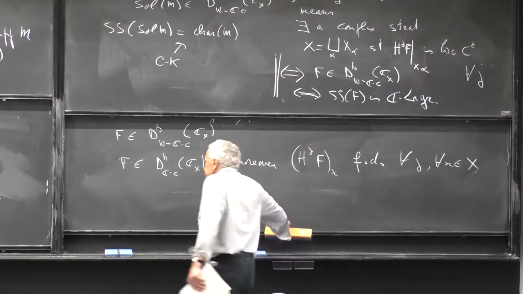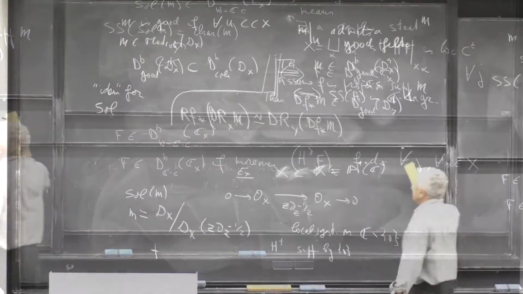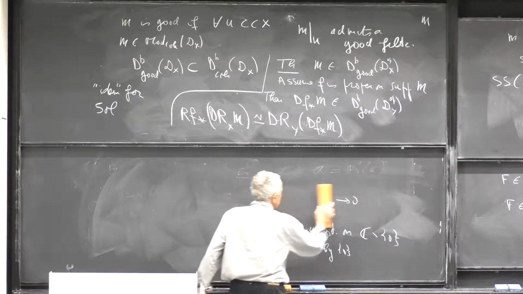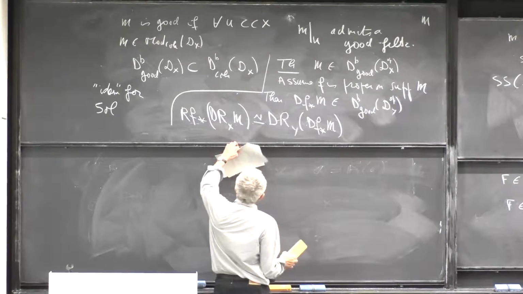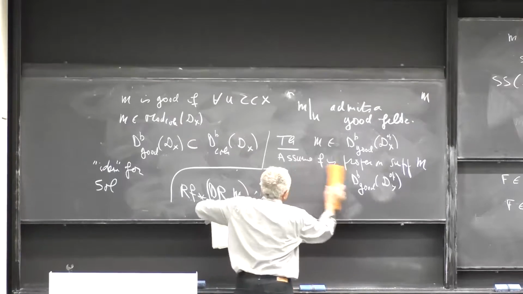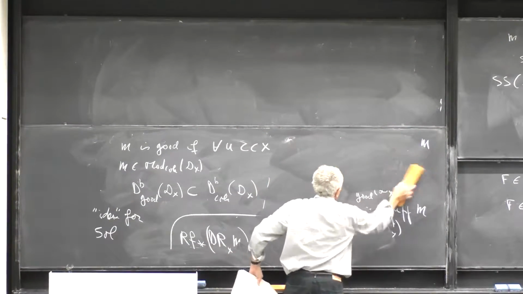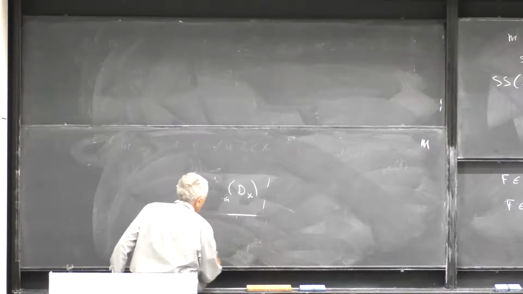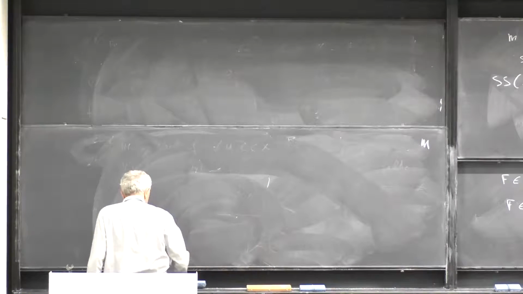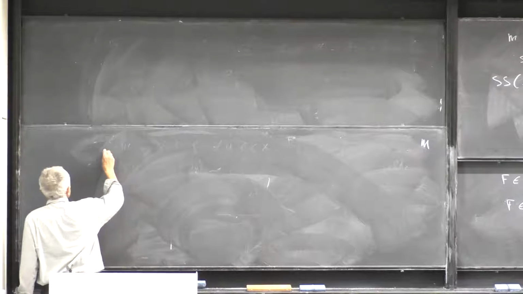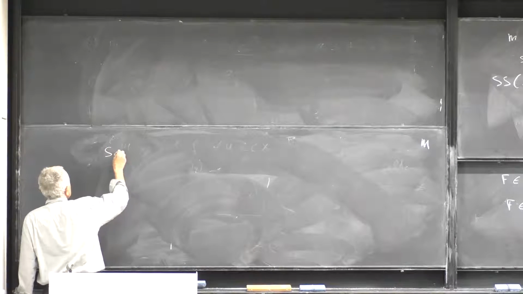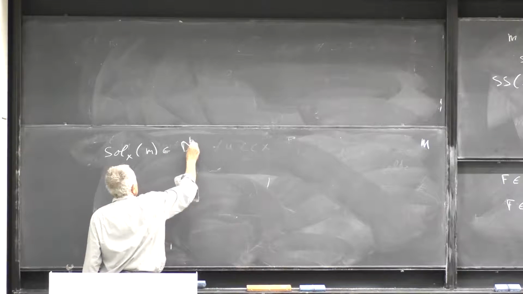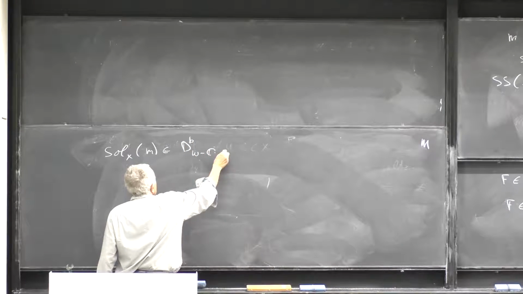So let's prove the finiteness result. Okay. So we know that Sol of M is weakly constructible.